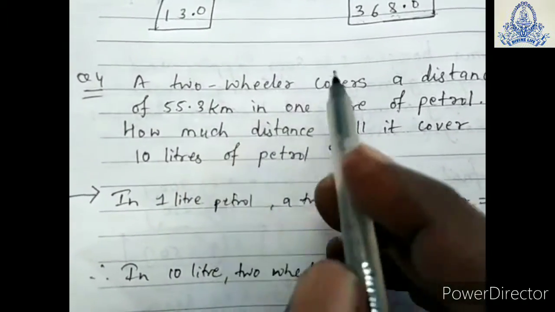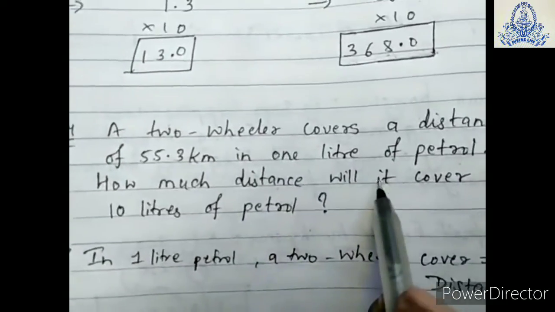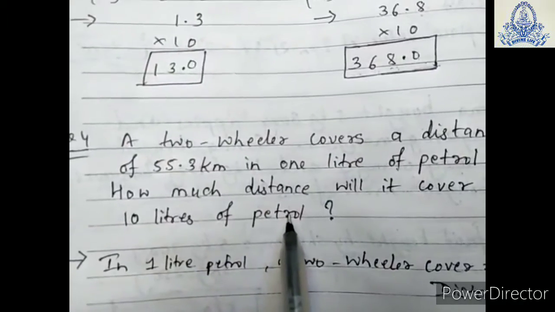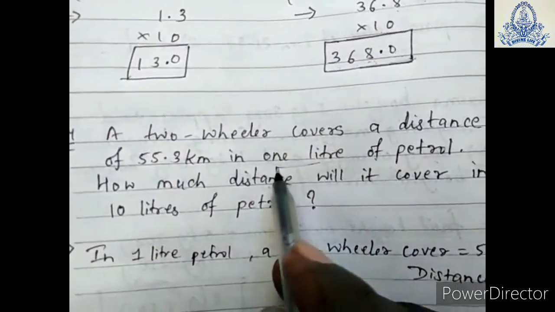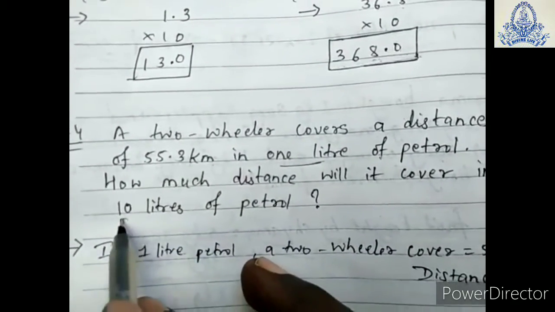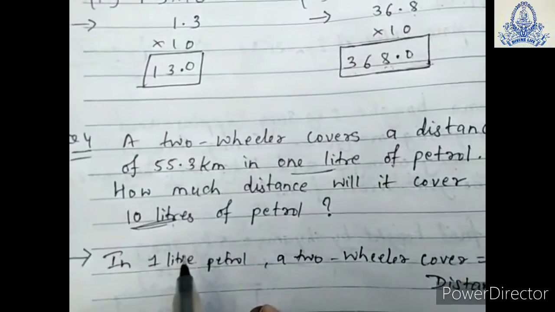Now the question is, how much distance will it cover in 10 liters of petrol? In 1 liter we can travel 55.3 km, so in 10 liters how much distance can we cover?